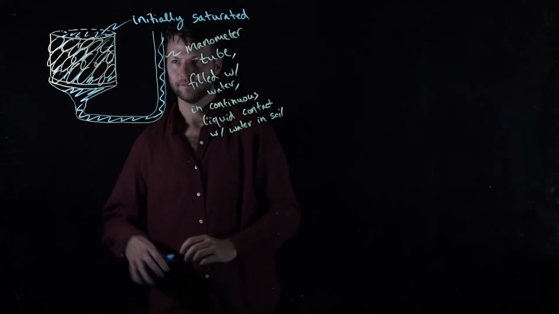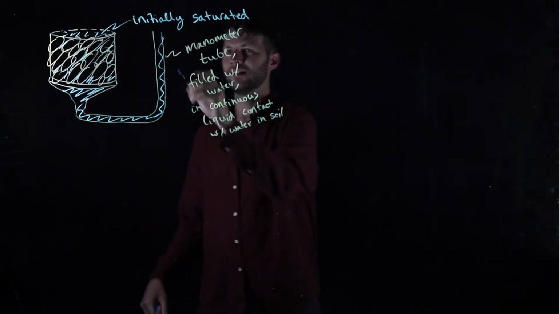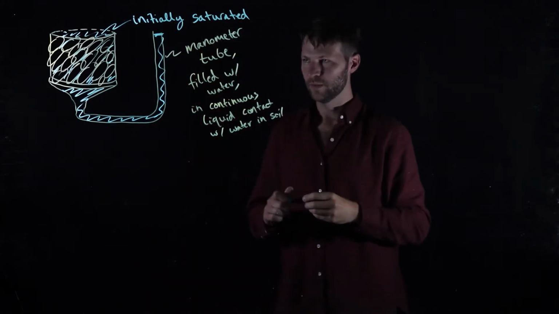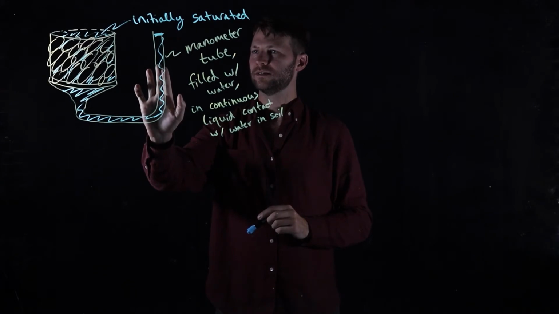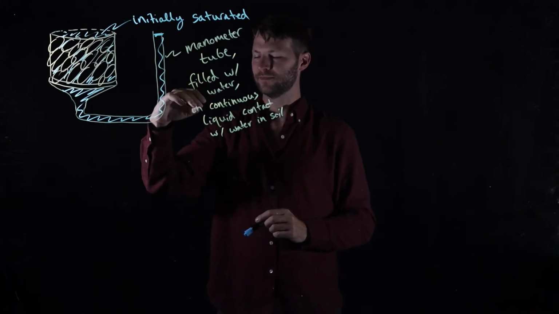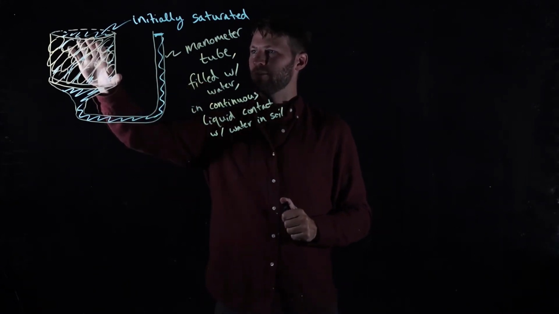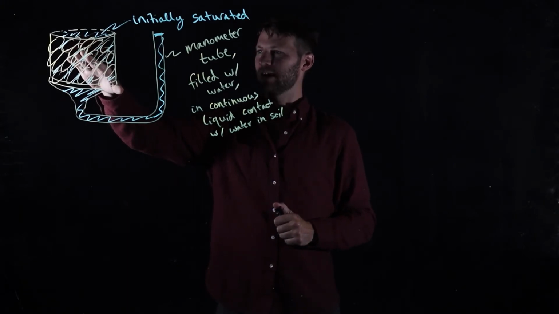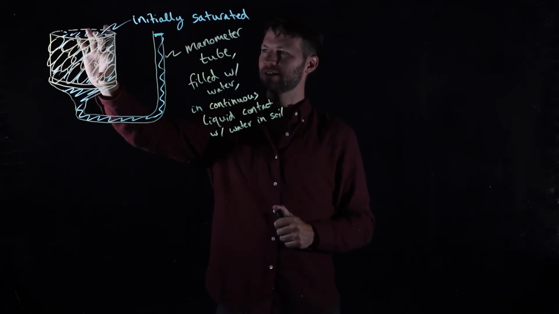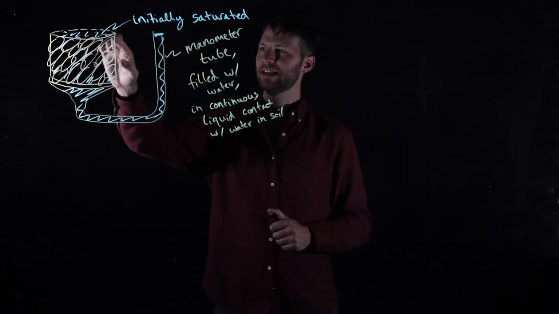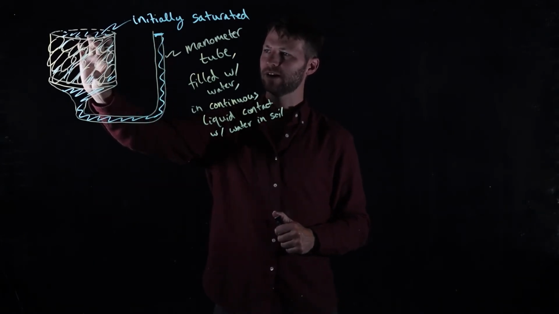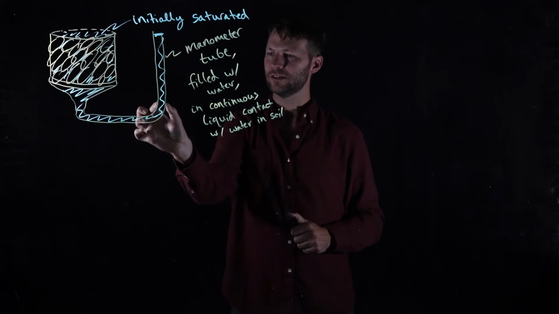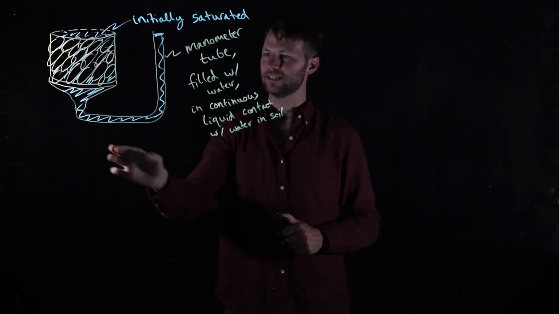Okay, the beauty of this particular apparatus is the following. We can do two things. We can lower this tube so that water flows out. And what that'll do is it will also cause a decline in water content in the sample. But as we lower the tube, we're going to be able to relate the height difference here to the height of water in the sample. And you can imagine that you could lower this tube quite a ways and it might still have water in it.